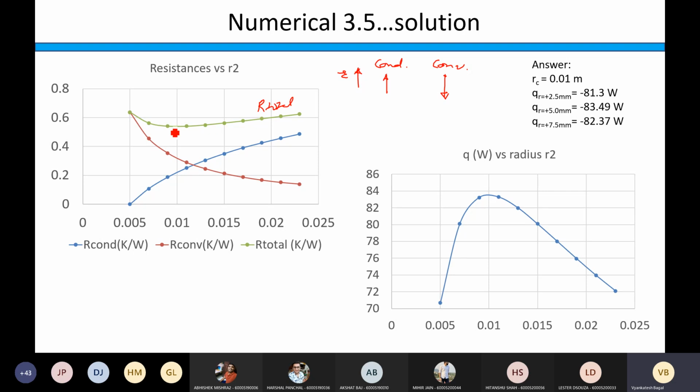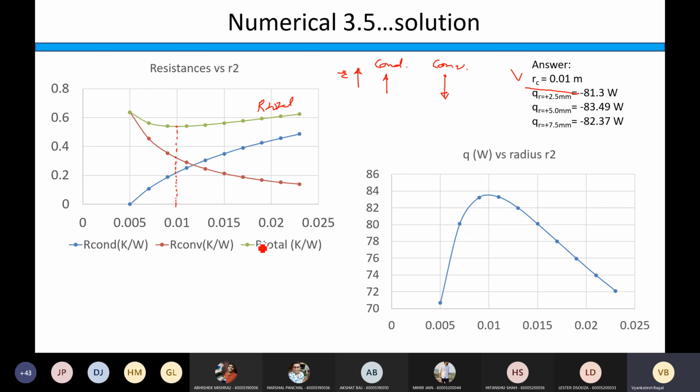So the point where the total resistance is minimum, let us say it will fall somewhere here, right? So don't you think this is nothing but your critical radius? Look at your value and look at the graph. It's one and the same, right? Correct?